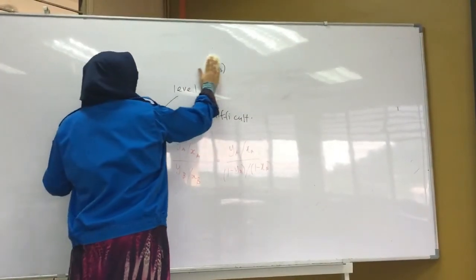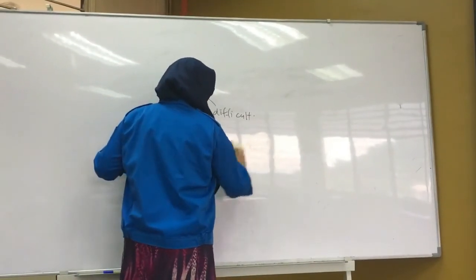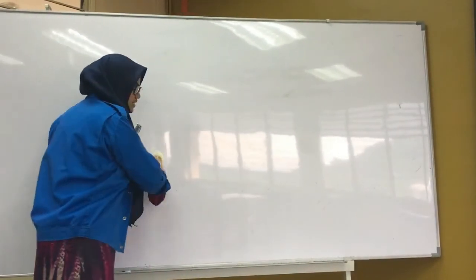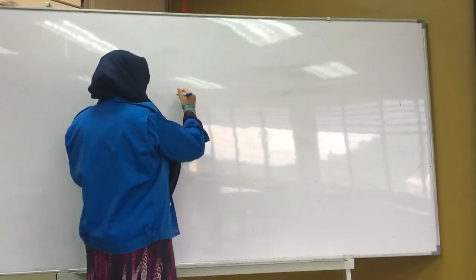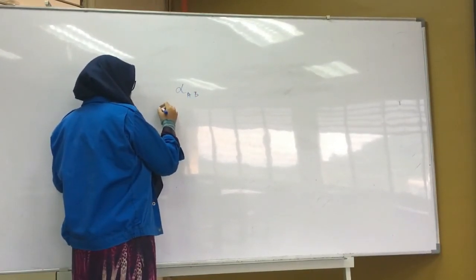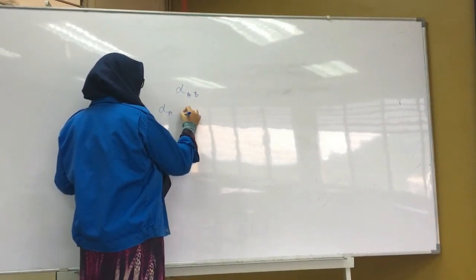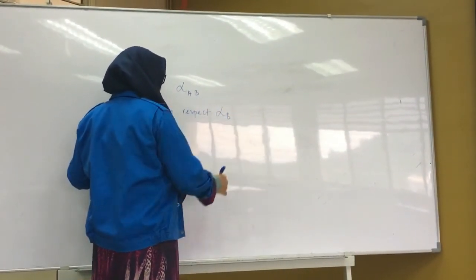So alpha AB is the relative volatility of A with respect to B.